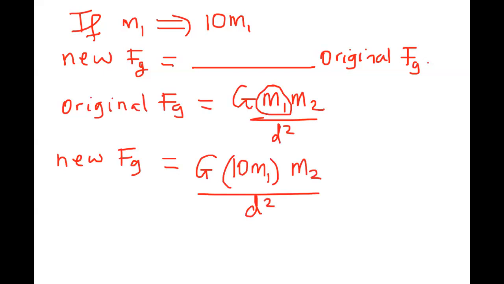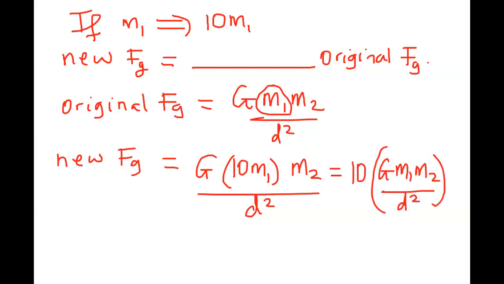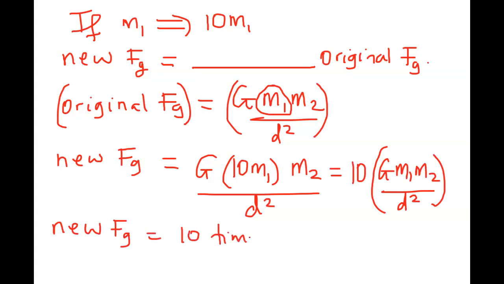So you can take 10 out here. This looks like just 10 times G m1 m2 over d squared. This is actually the original gravitational force. So the new gravitational force will be 10 times the original gravitational force.